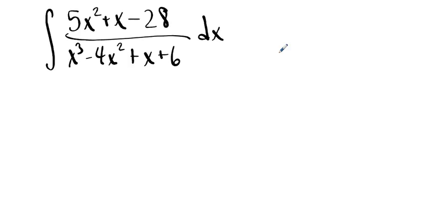Well, sometimes we think about U substitution, and U substitution is not a bad idea here because the powers in numerator and denominator are 1 apart, but the derivative of the denominator is 3x squared minus 8x, and that doesn't jive with what's happening up here. So that's not looking good. Integration by parts is useless. Trig sub, oh gosh, trig sub would be a disaster.